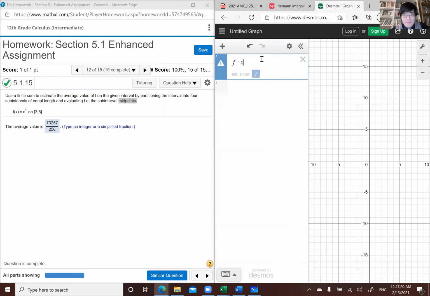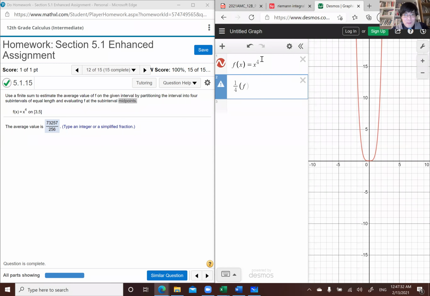So f of x is x to the power 4. To divide it into 4 intervals, I have to use 1/4 times f of 3.25 plus 3.75 plus 4.25 plus 4.75. That's correct. Oh, 2 divided by 4.